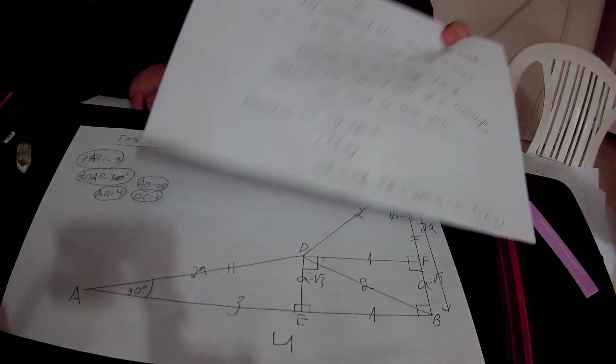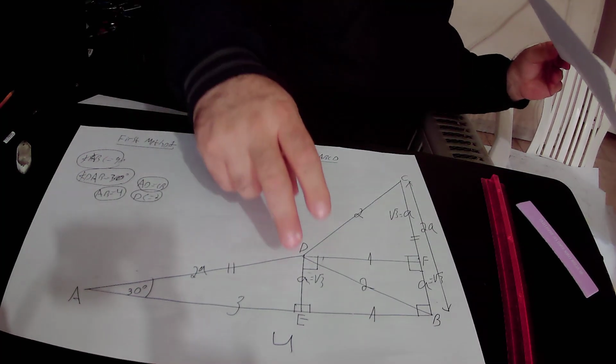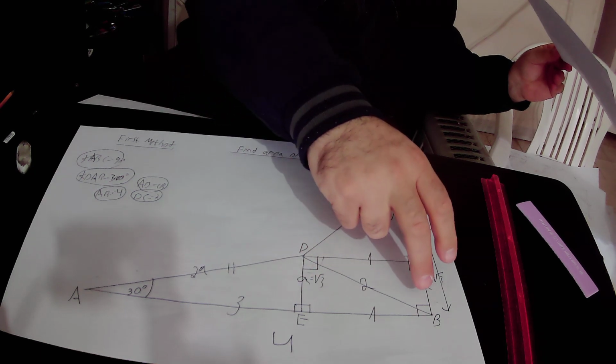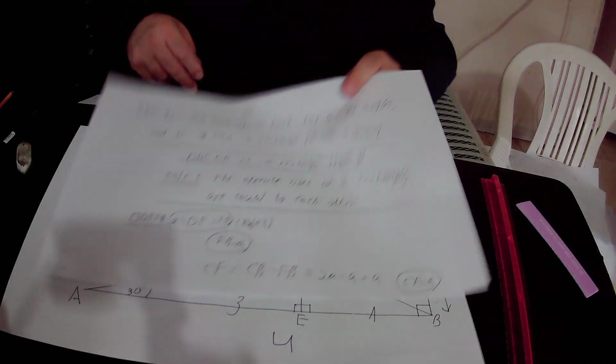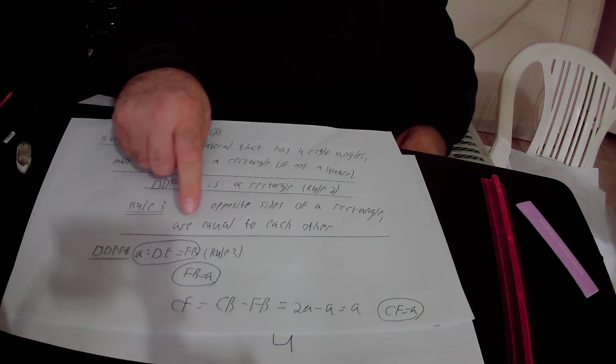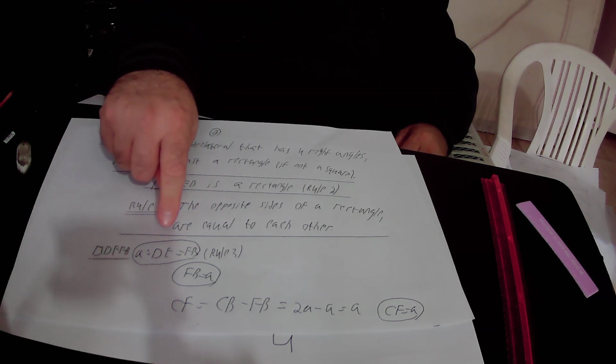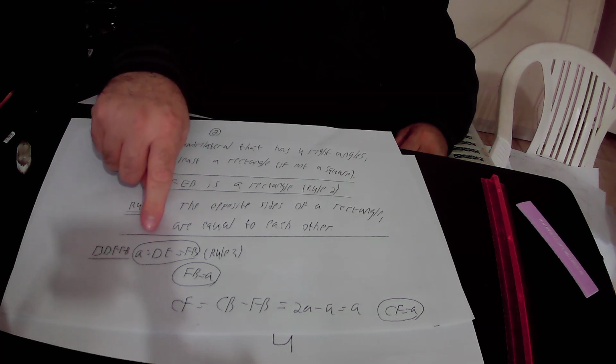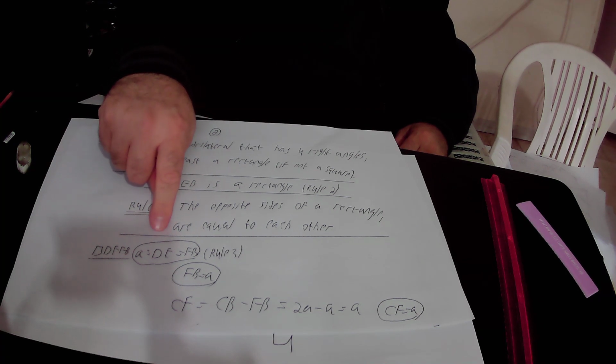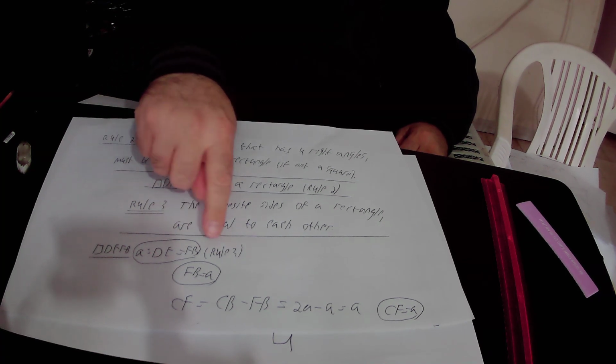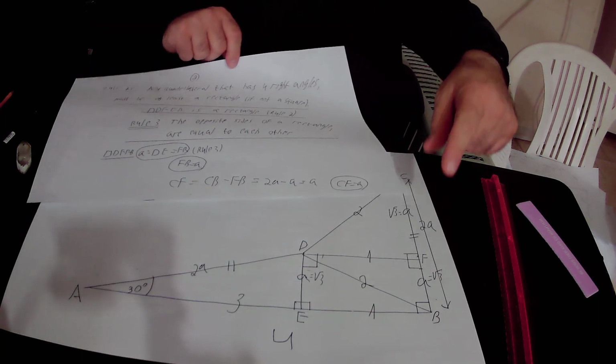So in rectangle DEFB we get that DE equals FB. According to our definition, DE equals A, so from this equation we derive that FB also equals A.